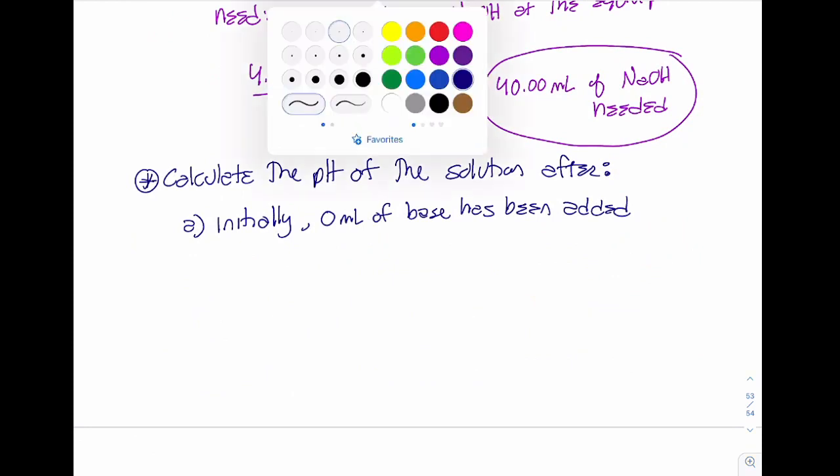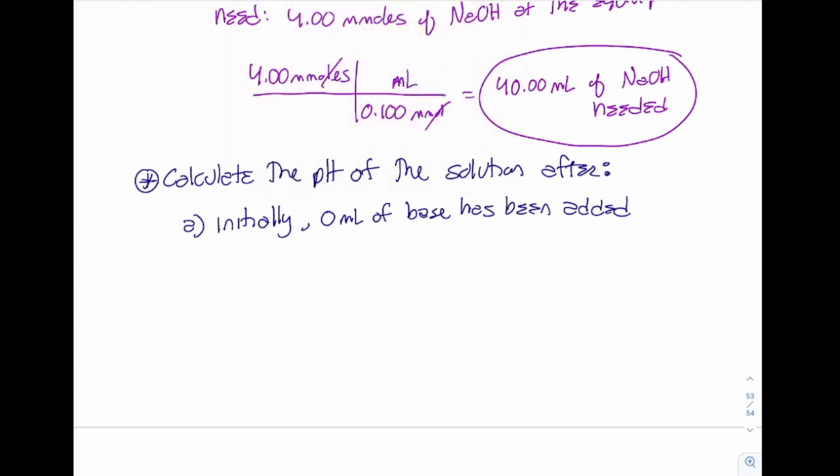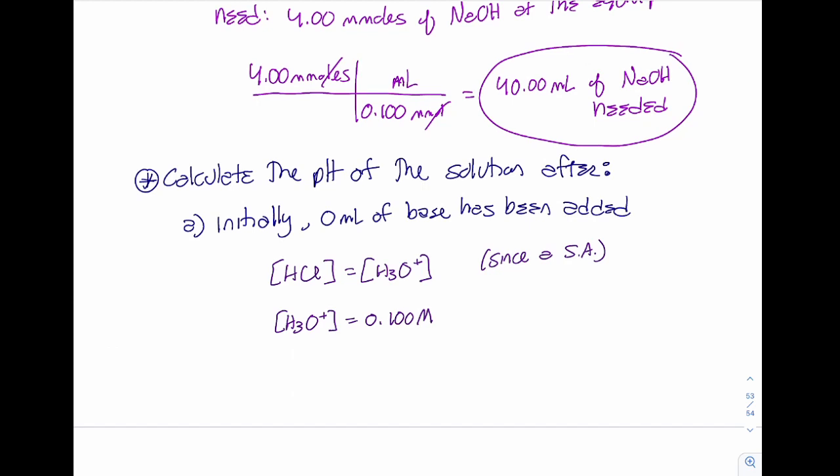We do know from chapter 14 that if I have a strong acid, my strong acid concentration is my hydronium ion concentration, right? And this is only when it's strong, since a strong acid. So what that means for us is that our hydronium ion concentration is 0.100 molar, and then my pH is simply going to be the negative log of that number.